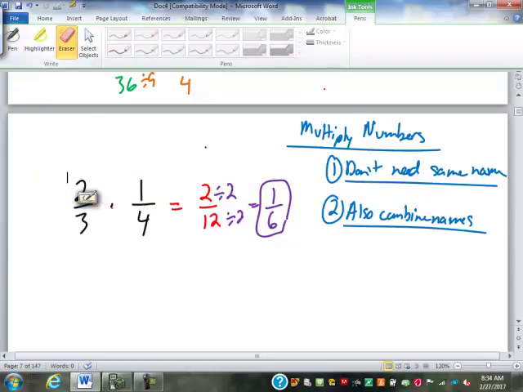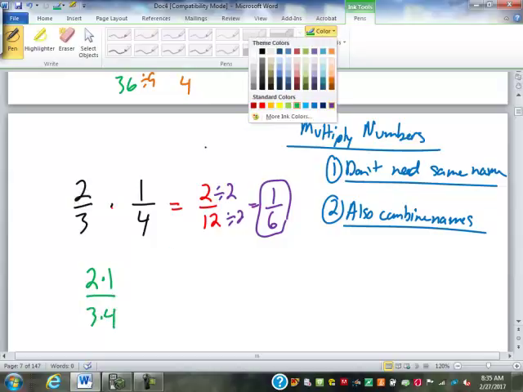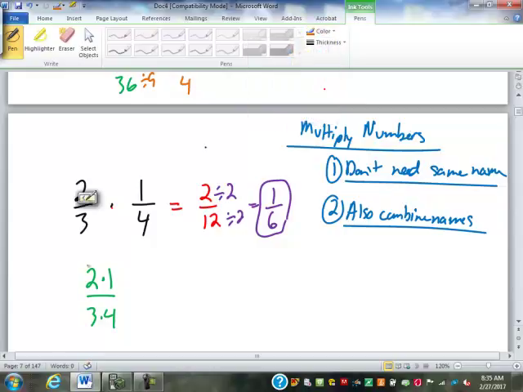Now some of you might be looking at this original problem, the 2/3 times 1/4, and asking, why didn't he cross cancel, or what's sometimes called cross multiplying? Others might not be totally sure what that is. Well, if we look at this, the top is going to become 2 times 1. And the bottom is going to become 3 times 4. And as we look at that, we see both the 2 and the 4 can be divided by 2.